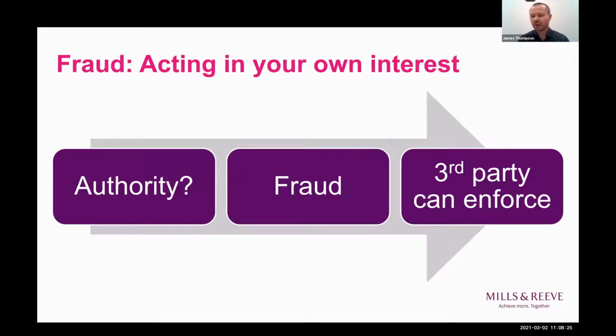Sure, we've got no dishonest cover holders or managing agents on the webinar this morning, but in a situation where cover has been placed in line with a form of authority, so in line with actual authority under the delegated authority agreement, implied authority or assumed authority, then even where the agent is acting in its own interests and could, for example, be pocketing the premium for their own benefit, the third party, the policyholder, would still be in a position to enforce that policy as against insurers and to treat that contract as valid because the agent has had the requisite authority to incept the policy.